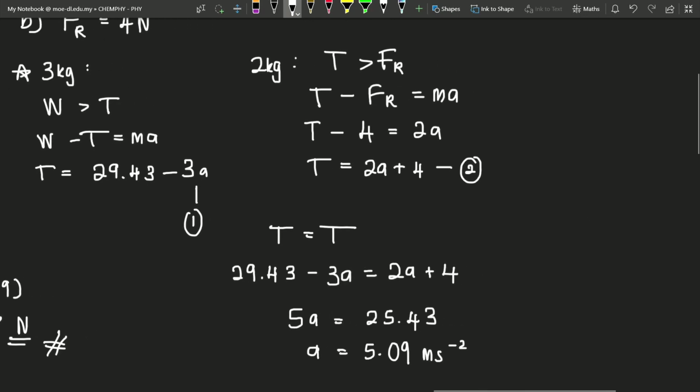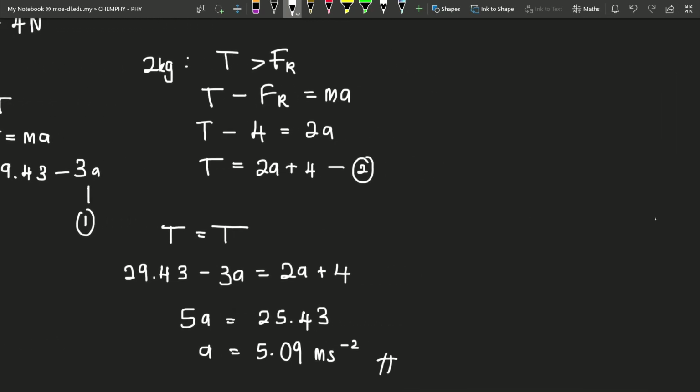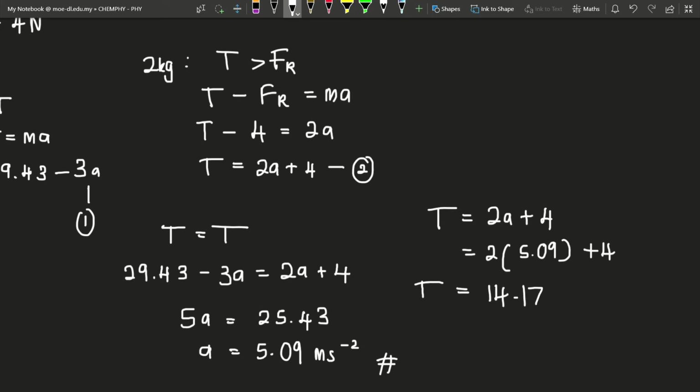So dah dapat A, soalan nak juga cari T, tension of the rope. T is actually equal to 2A plus 4. Your A is 5.09 plus 4. Therefore, you will get T equal to 14.17. T adalah tegangan tali sejenis daya. It is a force. So unit is Newton.